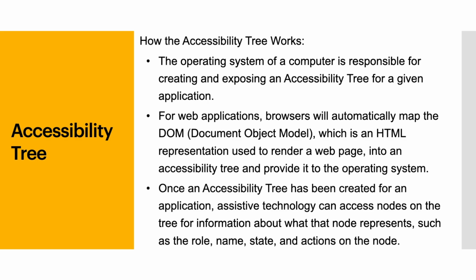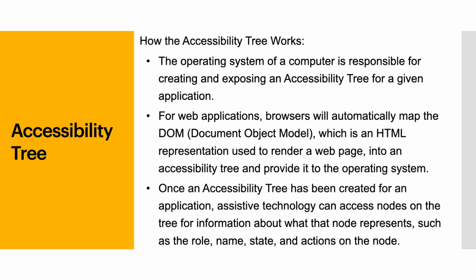One of the key topics to cover here, very important to know from an accessibility perspective, is the accessibility tree and how it works. So, the accessibility tree and the DOM tree. Web browsers automatically convert the DOM, the document object model, into the accessibility tree, which provides structured information to assistive technologies.